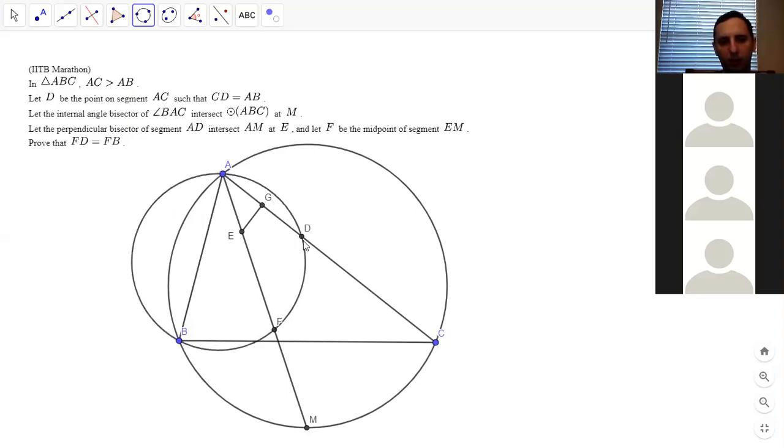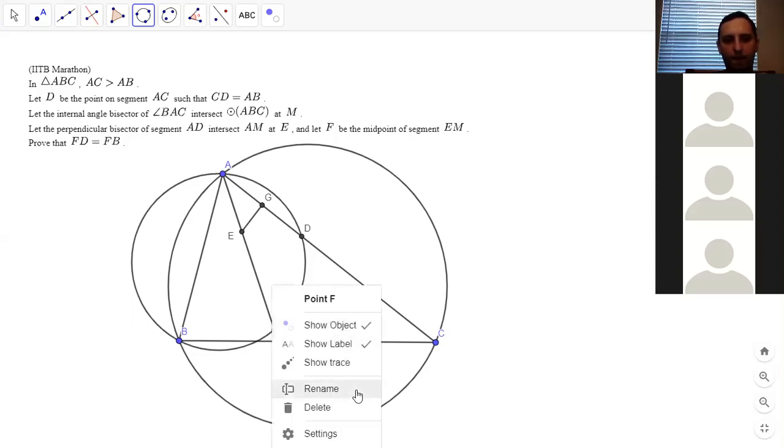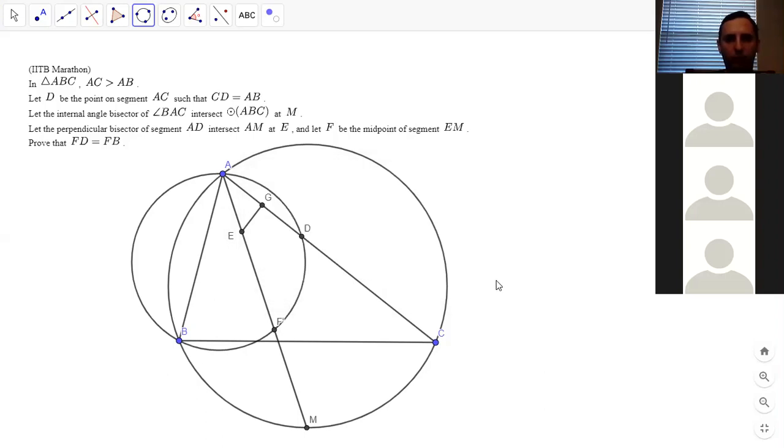And then we want to show that F prime E is equal to F prime M.